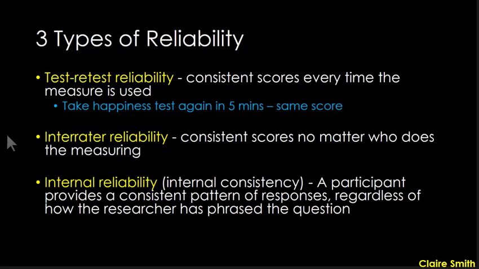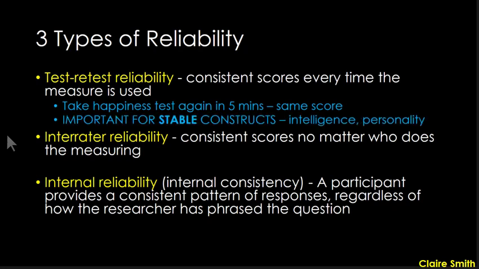So retest, you are giving the test more than once to make sure that every time it's given, the same score is achieved. This is really important for stable constructs, so things that aren't likely to change. So something like intelligence or someone's personality, that's not going to change in a blink of an eye.